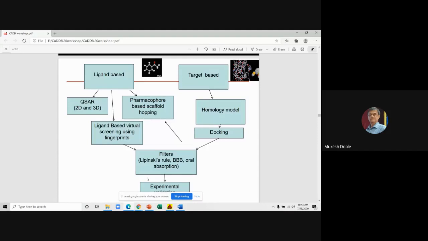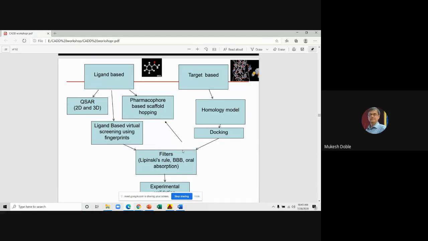Then we check whether the new compounds which we are designing satisfy all the rules. If it doesn't satisfy, throw them out. Then finally come up with some candidates which satisfy. Then take them for your laboratory-based experimental work. And later on, of course, you may go to animal studies, human trials. That's much later. Okay. So we will today talk about this pharmacophore-based design for the ligands.